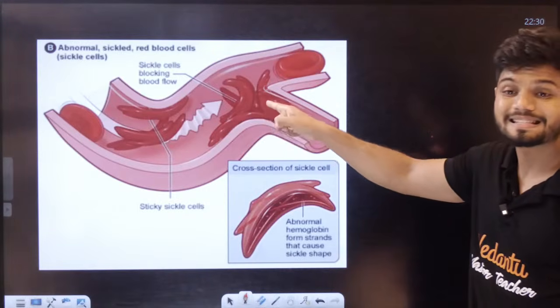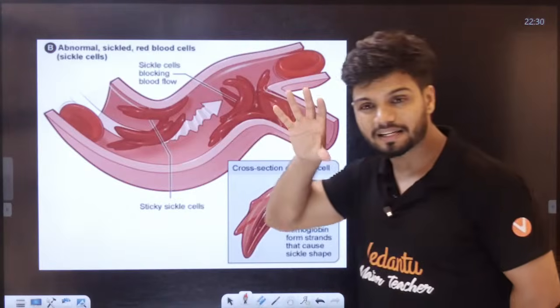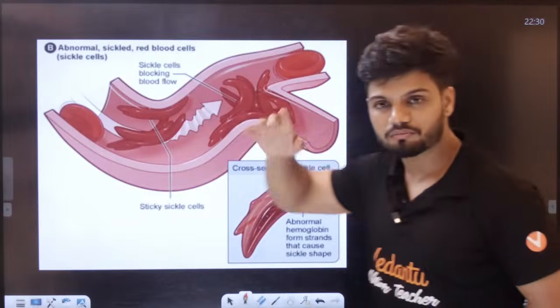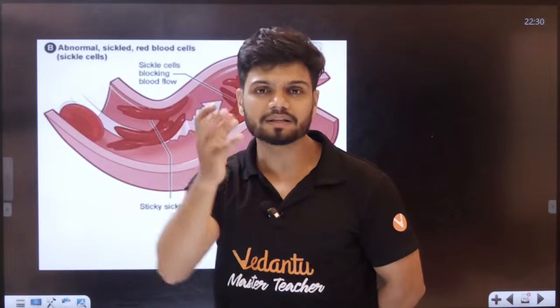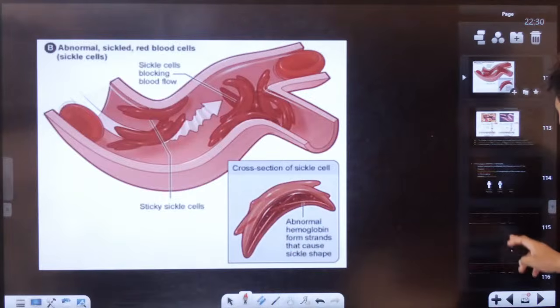Because the hemoglobin shape has changed, it cannot carry oxygen properly.